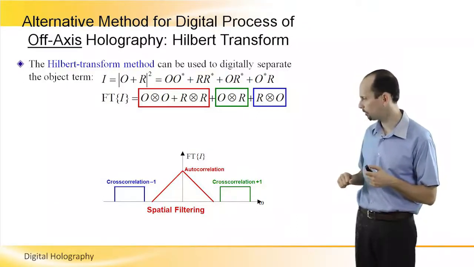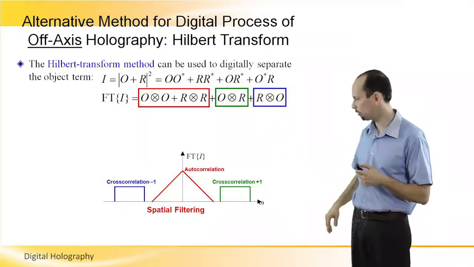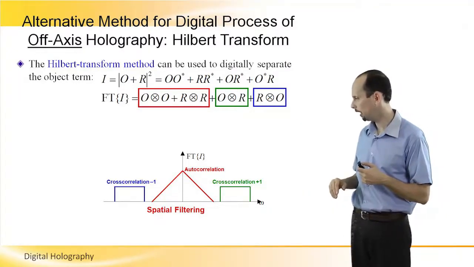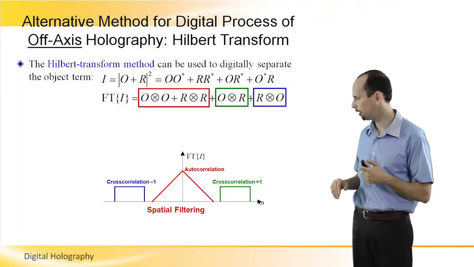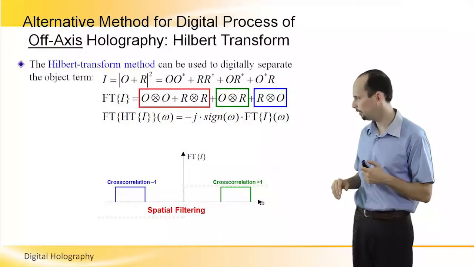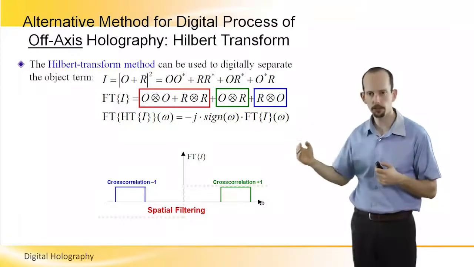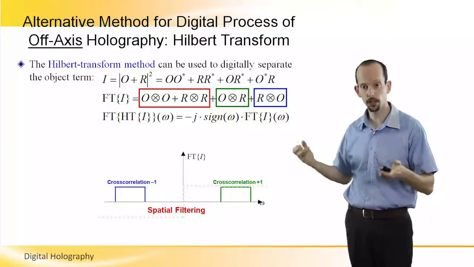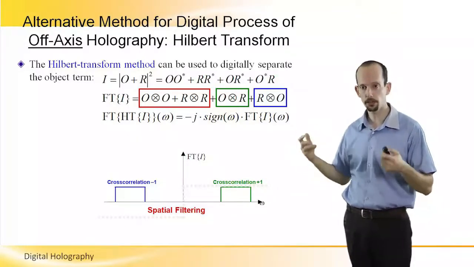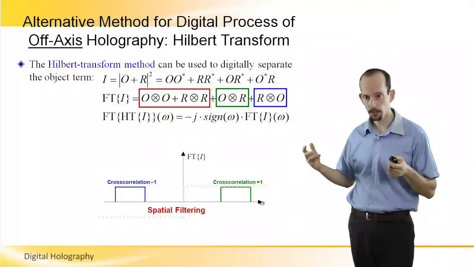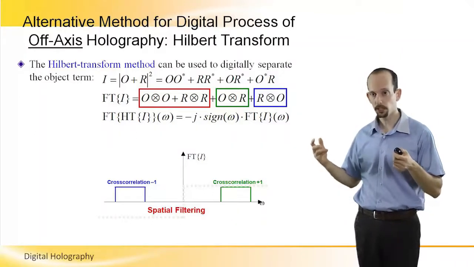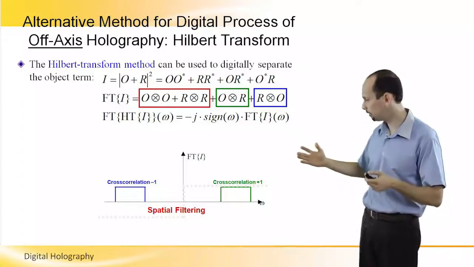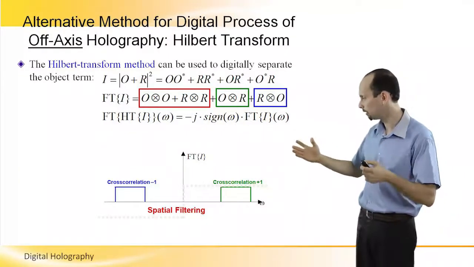And I'm only interested in the green cross correlation term, which actually means that by spatial filtering I can get rid of the DC term. Then if I look at the Hilbert Transform definition, the definition in the Fourier domain means that I'm actually negating all the negative frequency domain.